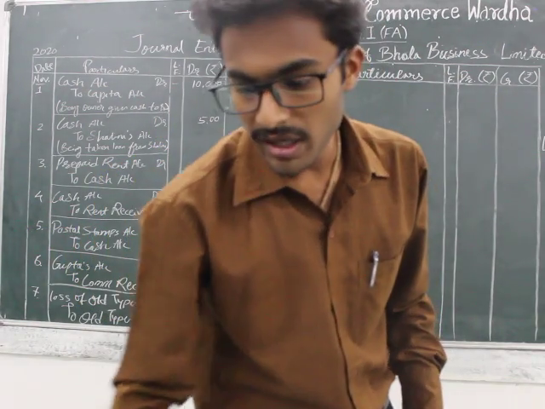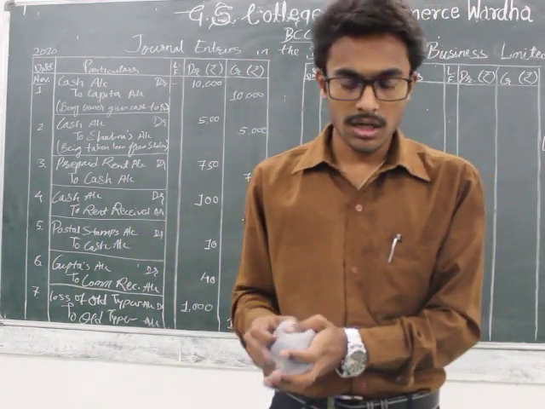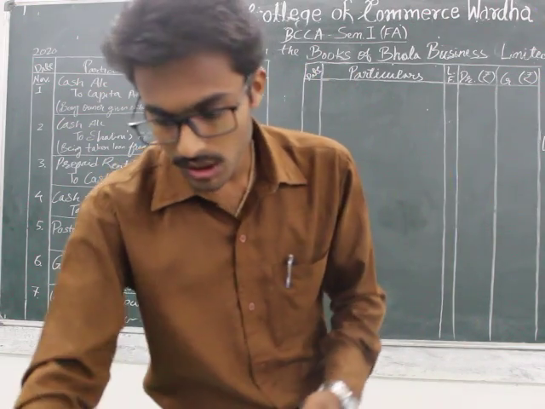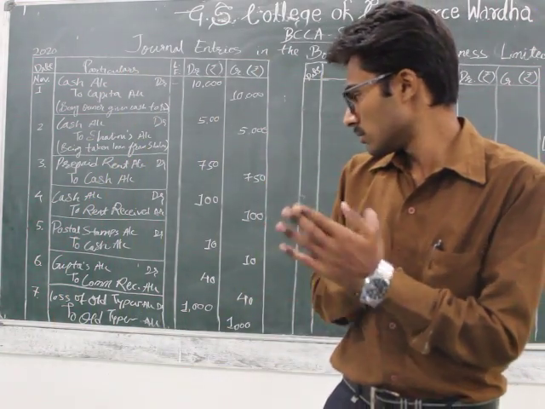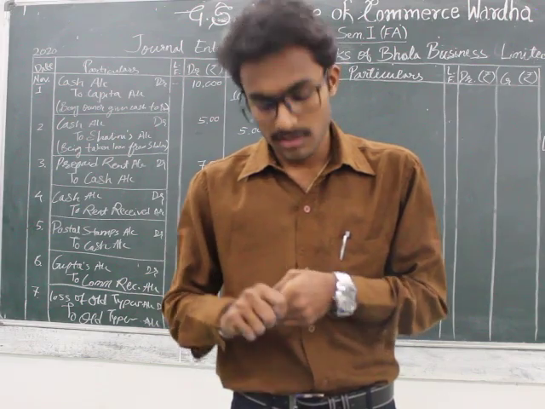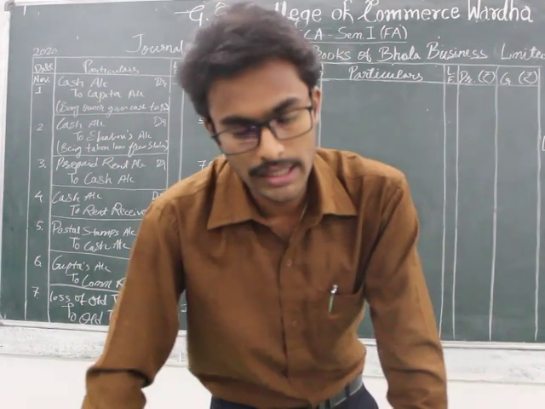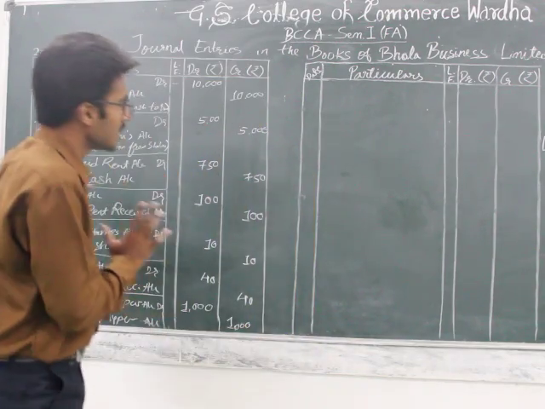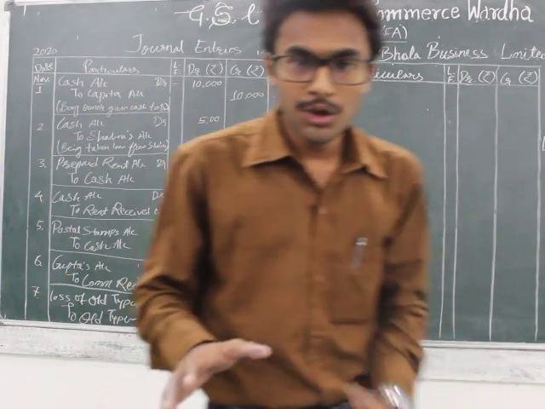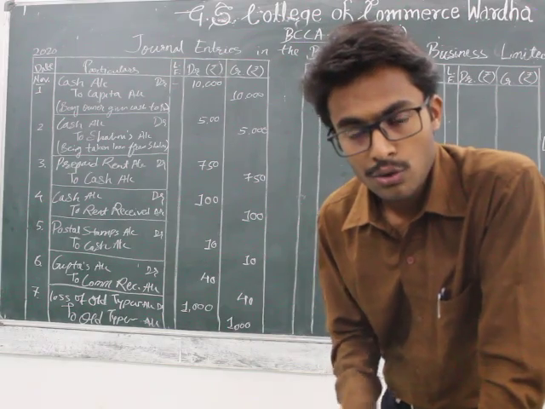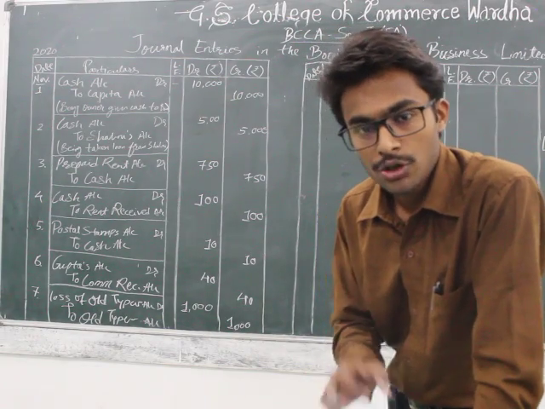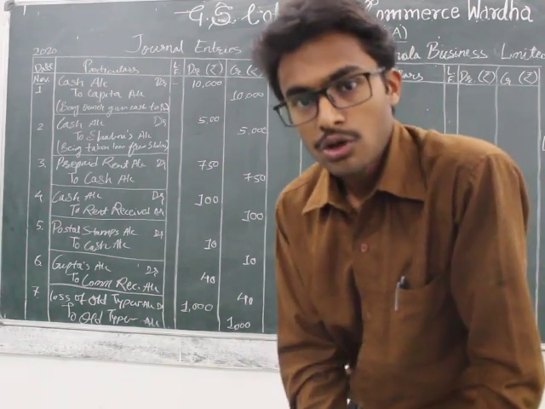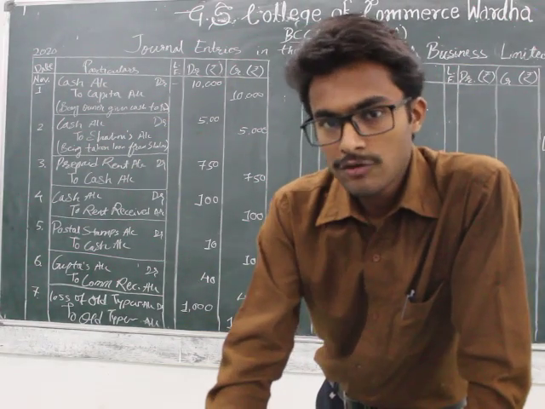We are now in the middle of our problem. We still have around 8 to 10 entries remaining. We will discuss all these entries in the next lecture, but you have to concentrate on these entries. If you have any doubt, you can simply ask me to clear it. You can call me or send messages.